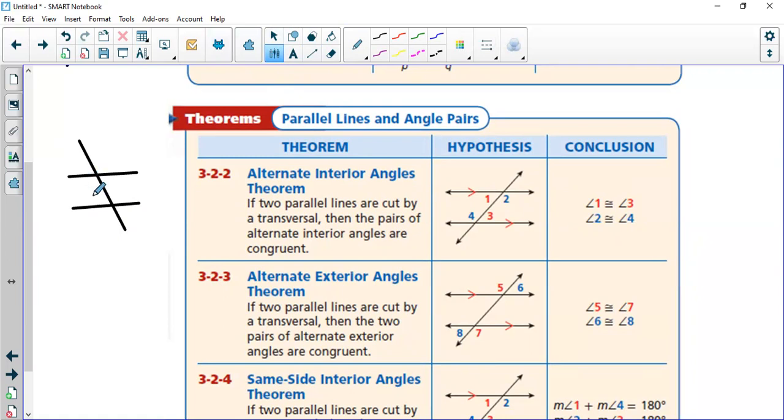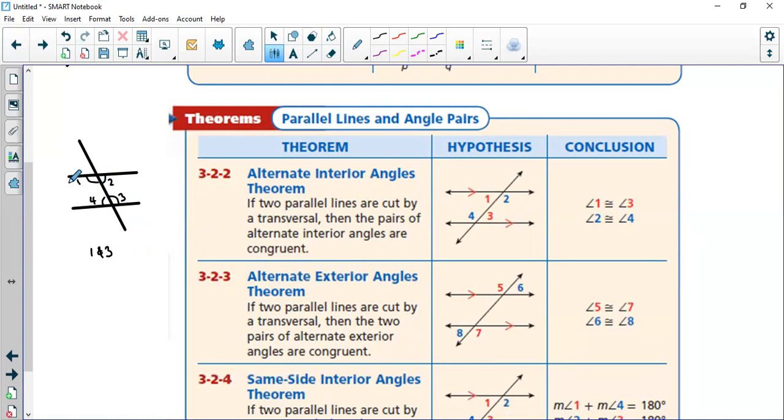So where are the alternate interior angles? This one and this one are alternate interior angles because they're inside, right? And similarly, let's name this as angle 1 and angle 2. These are the interior angles, angle 3 and angle 4. So which are the alternate interior angles? Angle 1 and angle 3 are alternate interior angles, right? Alternate, opposite, interior, inside. So according to the theorem, angle 1 and 3 are equal.